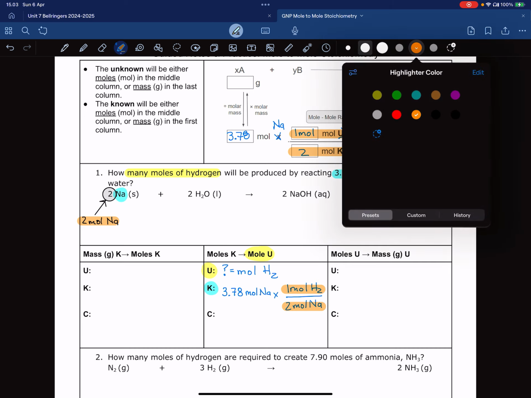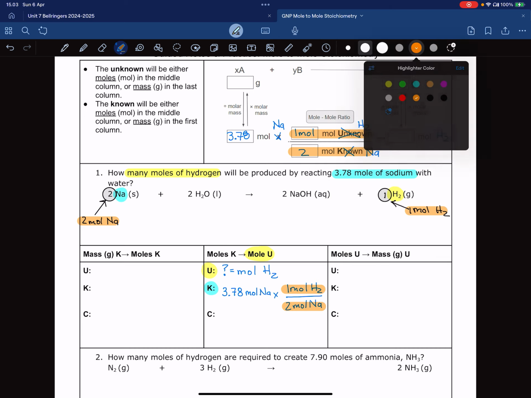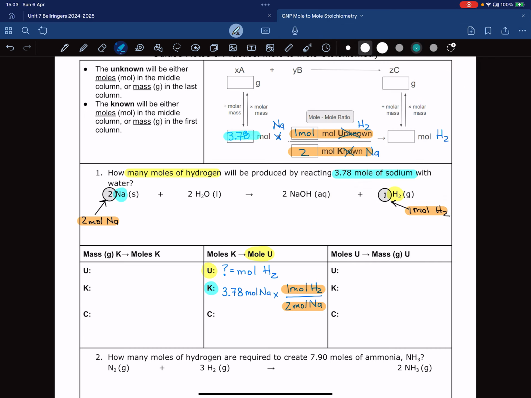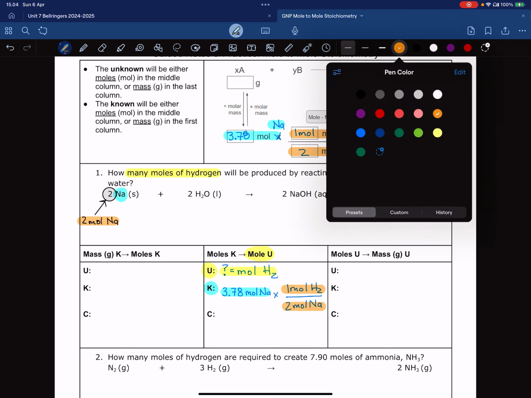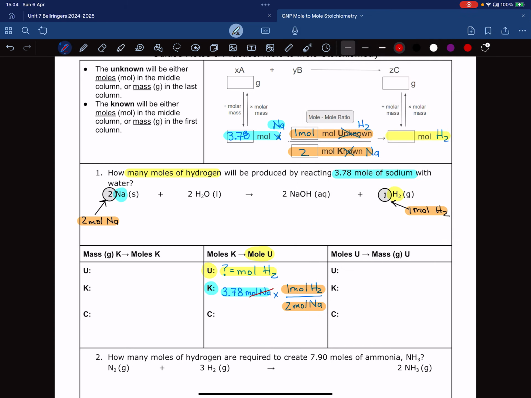And I'm going to color this blue, because that, after all, is my known. And I'm going to color this yellow, because that is my unknown. Now look what happens. You have moles of sodium on top, moles of sodium on the bottom, so those are going to cancel.